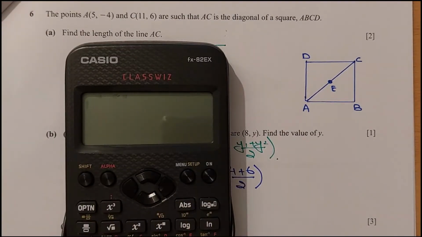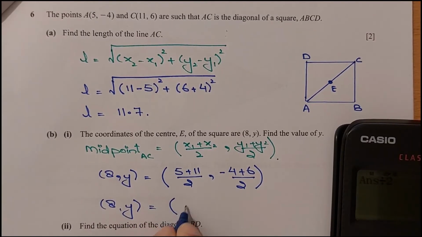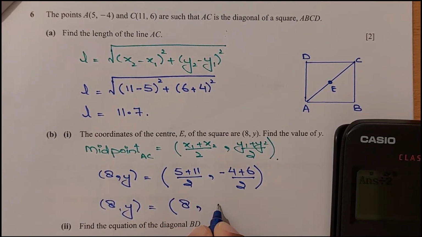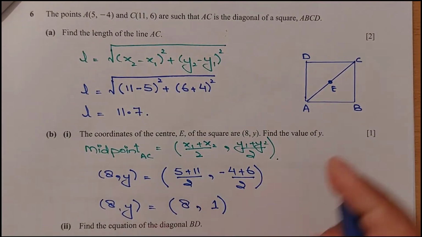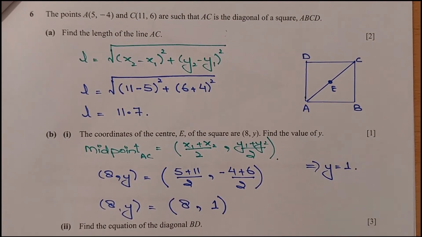What is 5 plus 11? 16 divided by 2 is 8. So the x coordinate matches 8, and the y coordinate is 6 take away 4, that is 2, divided by 2, which is 1. So we can say that the value of y is equal to 1, right?